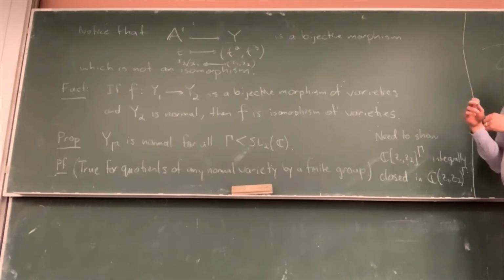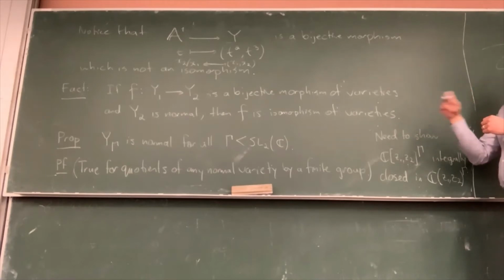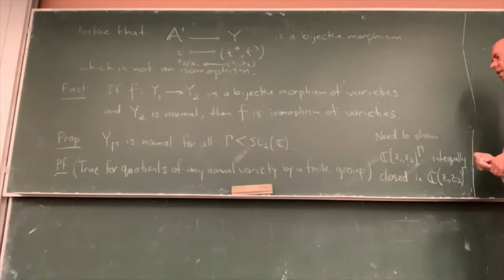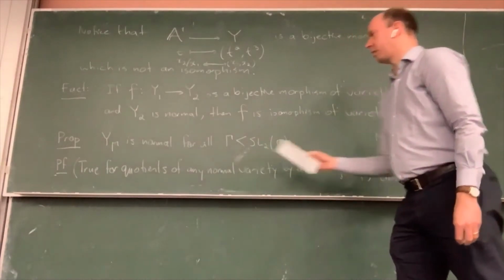There's a standard trick where you multiply the numerator by all its translates under gamma to produce something gamma invariant. Okay, sorry, I've got that the wrong way around.